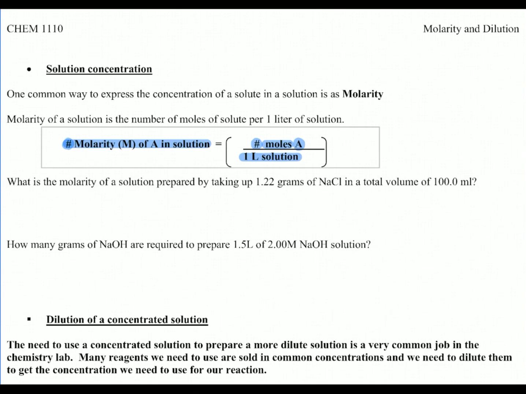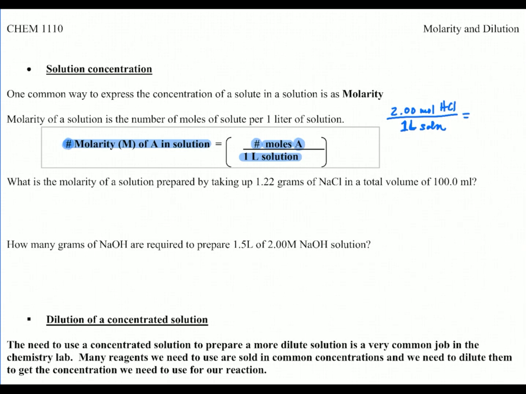So if you were to say that it is 2.00 moles of HCl per 1 liter of solution, SOLN is the accepted abbreviation for solution, and I will use it all the time, just warning you.